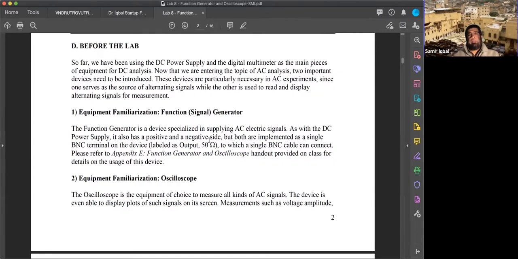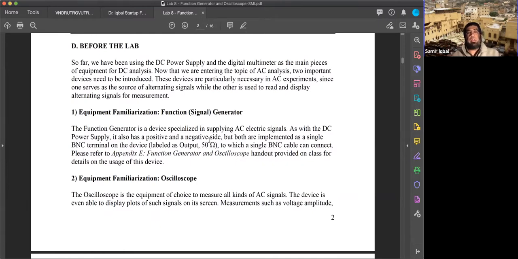So when you have it on your desktop, your lab, wherever we are using it, it has a bunch of controls in the front, and there are places where we plug in our BNC cables. And those cables themselves have resistance.